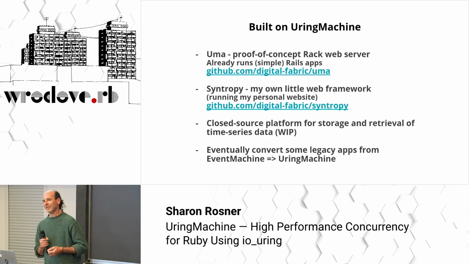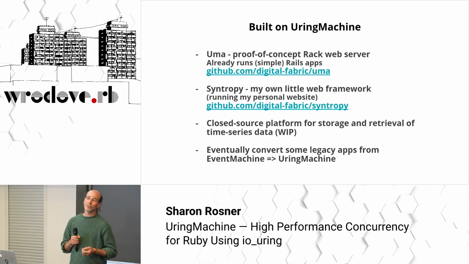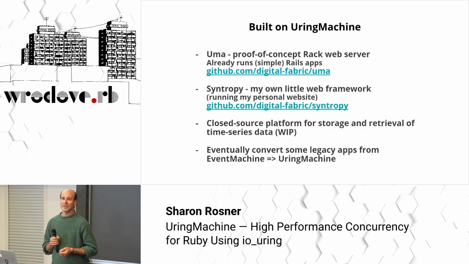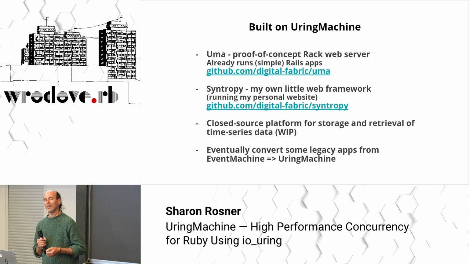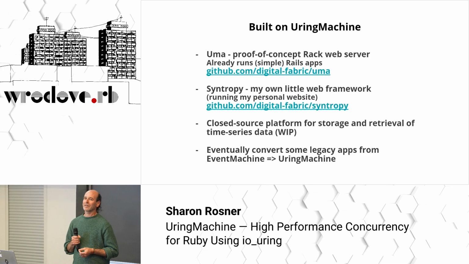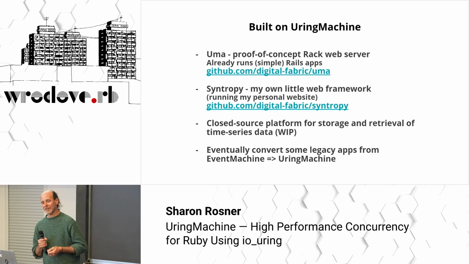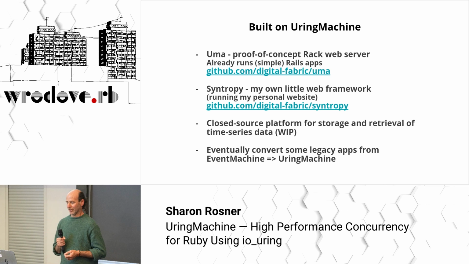There is a project called Syntropy, which is my own web framework for my personal use. That is maybe the subject for another talk. I'm working on a closed source platform for dealing with time series data for one of my clients, and I'm also going to convert some legacy apps that I maintain from using EventMachine to UringMachine.